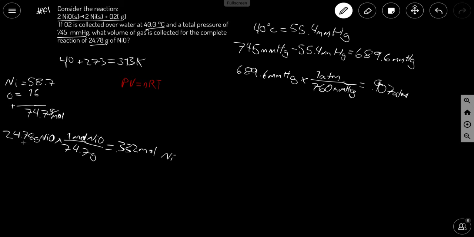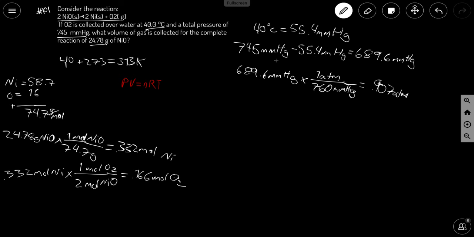I'll go ahead and do that right here. Just looking at this equation, it says there's 2 moles here and then just 1 mole of oxygen gas, which gives me 0.166 moles of O2.